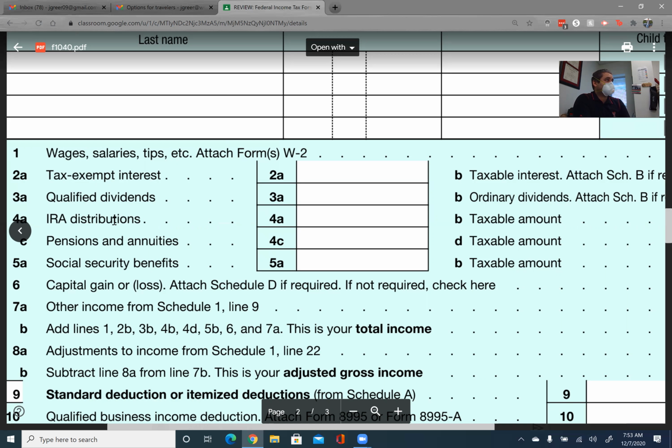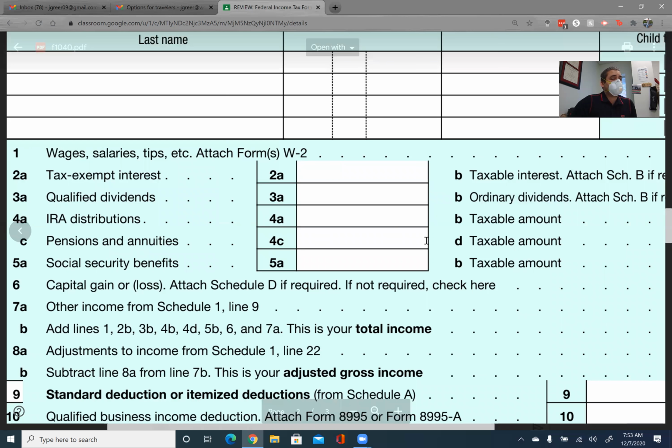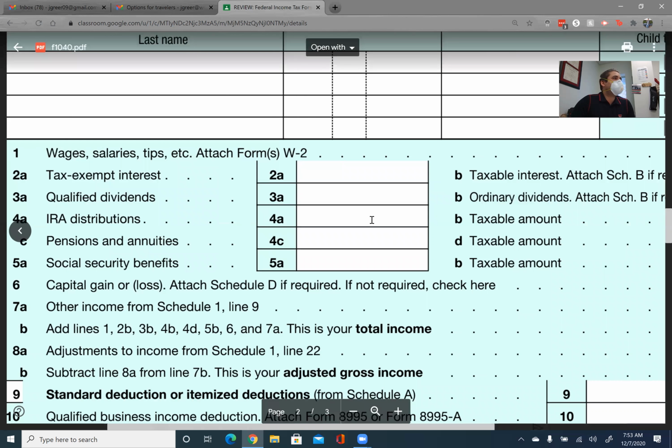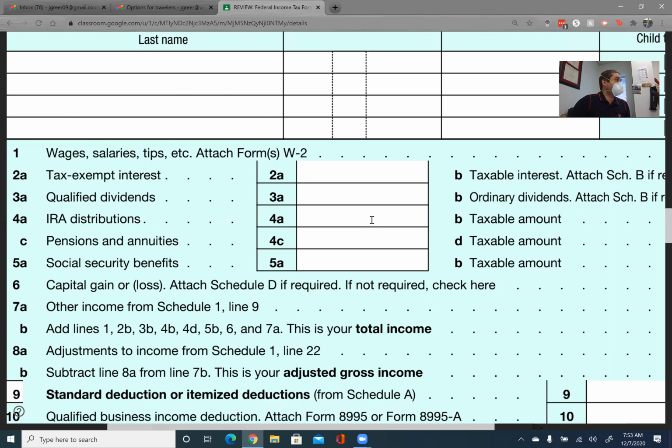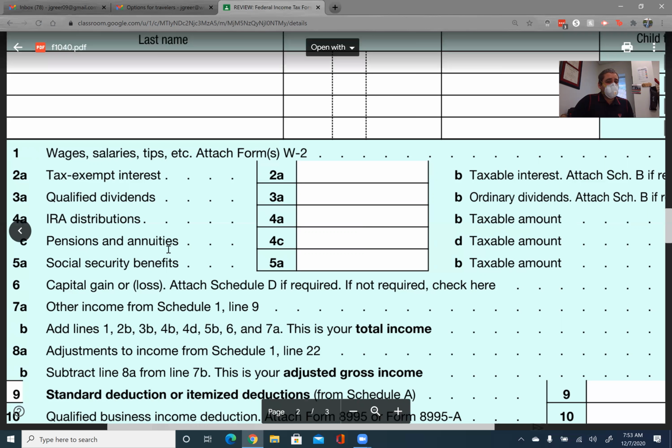Yeah, 10% additional tax on it, right? So we should not expect any IRA distributions in these samples, because none of our sample clients or sample people are over the age of 59 and a half. Okay, so it's going to be 0 here and 0 here on taxable.